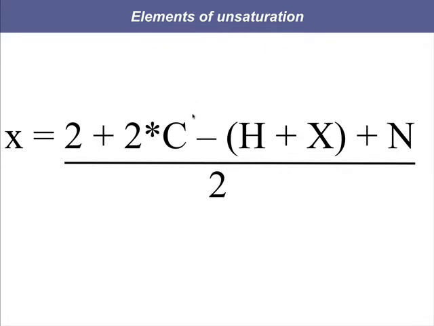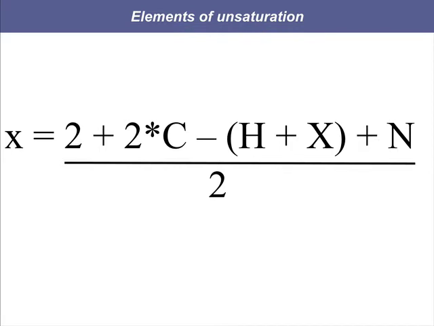So use this formula, memorize this formula. The number of carbons in your structure, the number of hydrogens, the number of X's, the number of nitrogens. 2 plus 2 times the number of carbons, minus H plus X, plus N, divided by 2 will give you your element of unsaturation.